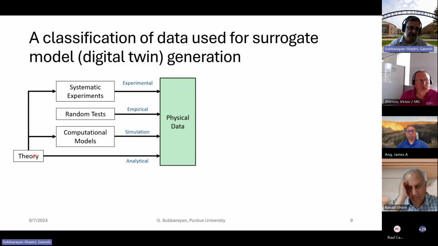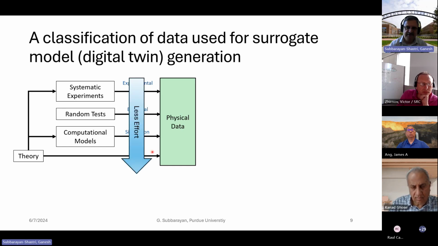Computational model has to be grounded on theory. Therefore, theory has to feed into computational models. But now sometimes we can directly take the theory and generate data by solving the theory analytically. In that case, you have analytical data. This is the best of all of them, in my opinion, because this is the least expensive to generate the analytical data.